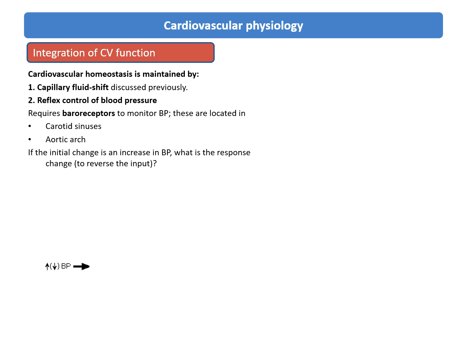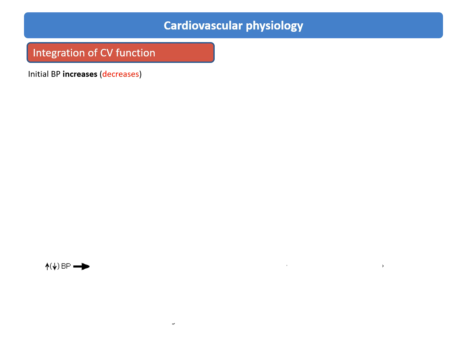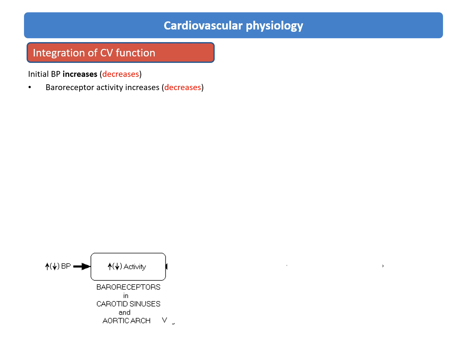If the initial change is an increase in blood pressure, what's the response change? Now remember, we're talking about homeostasis. So if the initial change is an increase, the response change reverses that. It would be a decrease. In reflex control of blood pressure, let's say there's an initial increase in blood pressure.